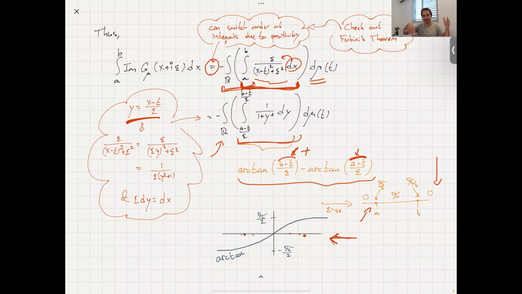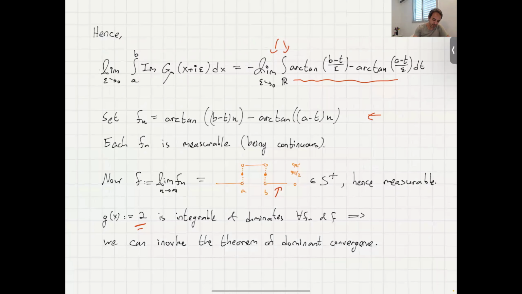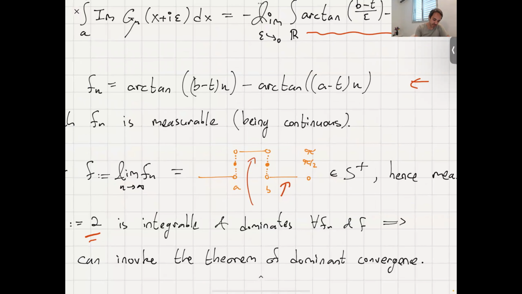You're subtracting minus pi over 2 from pi over 2, so you get a pi. So that's this pi, or in this figure, it's this thing. When t is strictly between a and b, f of t is pi.